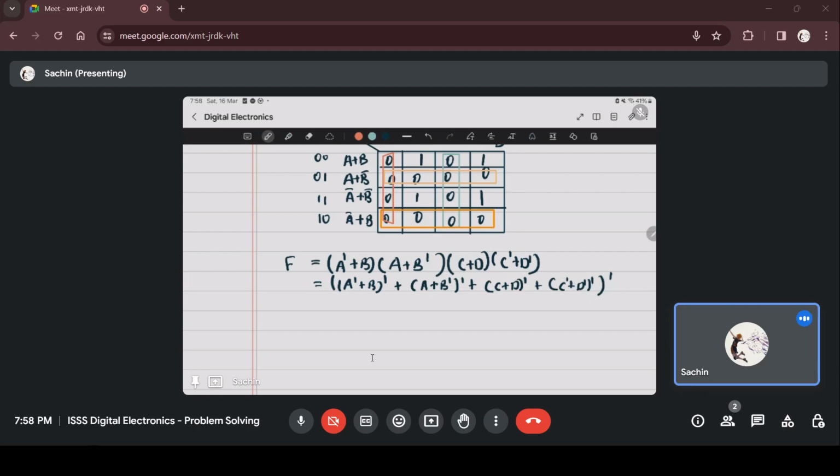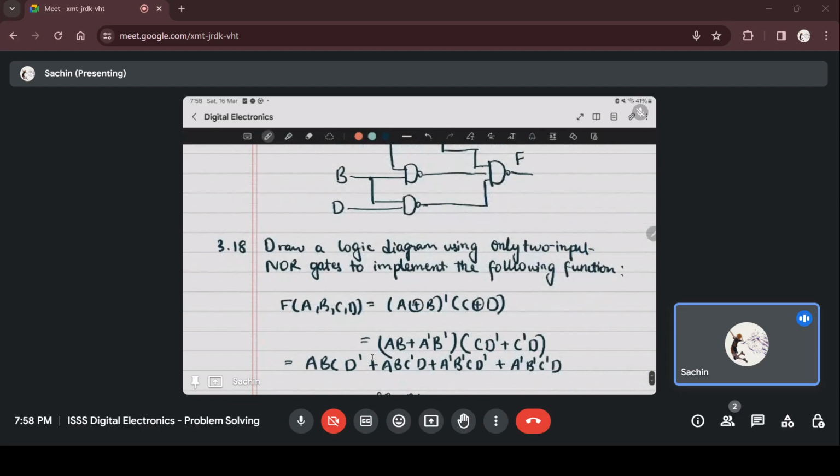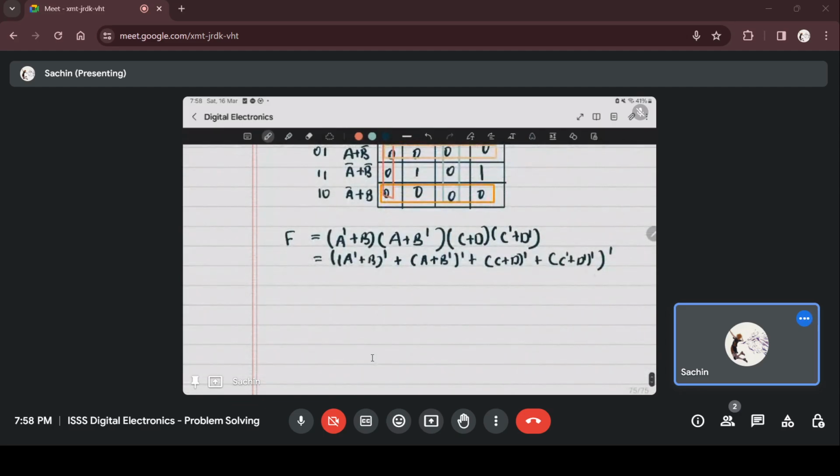And they're asking us to implement it using only two input NOR gates. So this NOR operation, which has four inputs, is not possible. So we have to split that into two input operations.